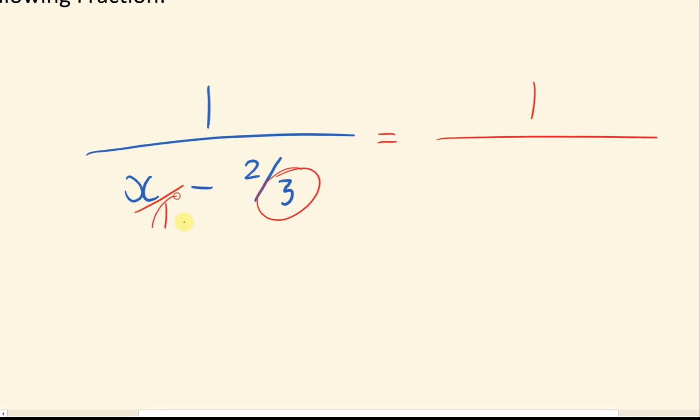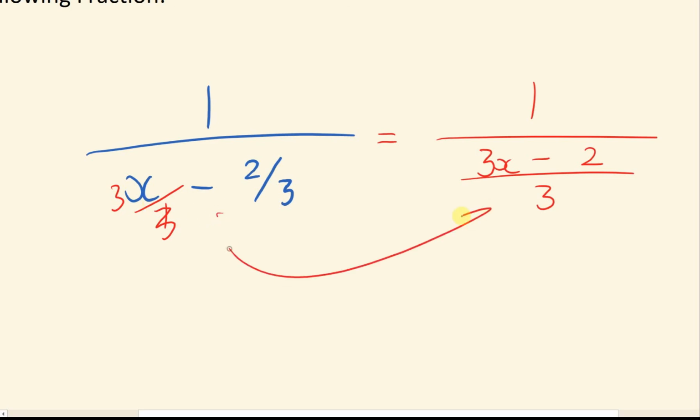If we've got 1 and 3, we have a common denominator of 3. So all over 3. And here, if I want to have this over 3, I've got to times both sides by 3. So x over 1 is the same as 3x over 3. So now we can rewrite this in this form here.